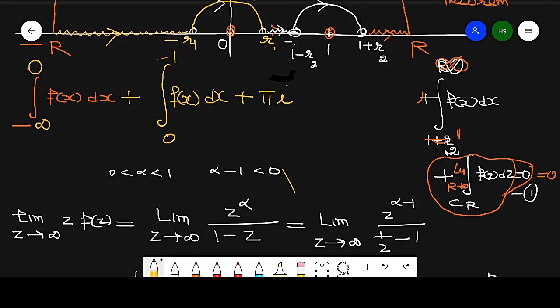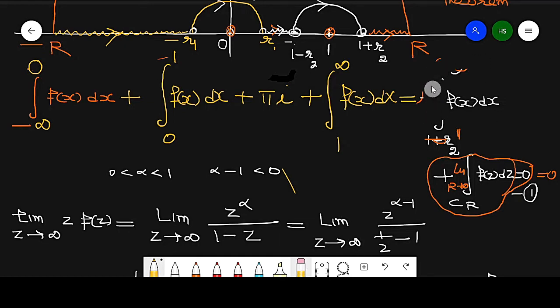So this is the integration from 1 to infinity f of x into dx, this term, and this is equal to 0. So remove all these terms.